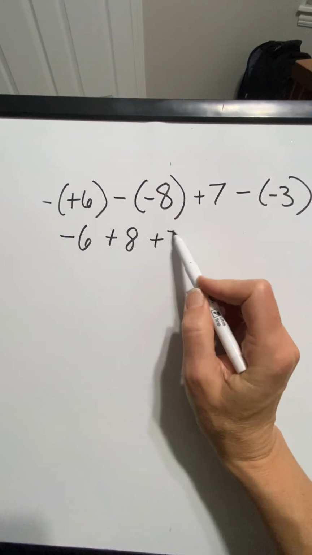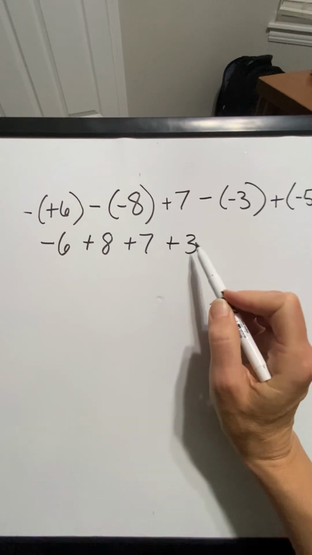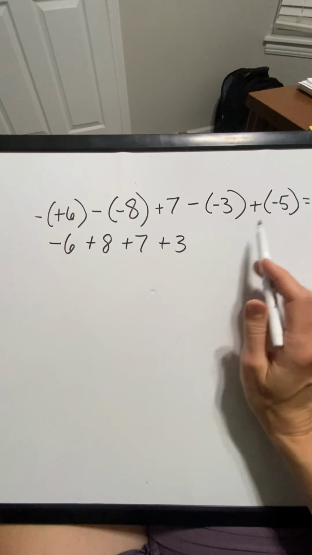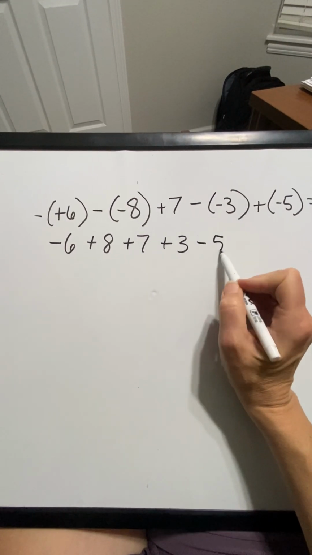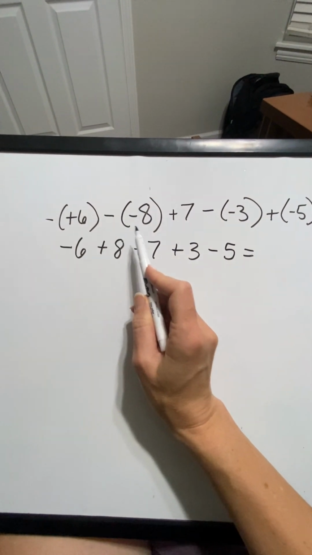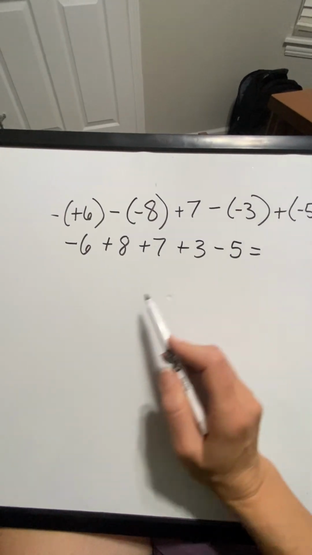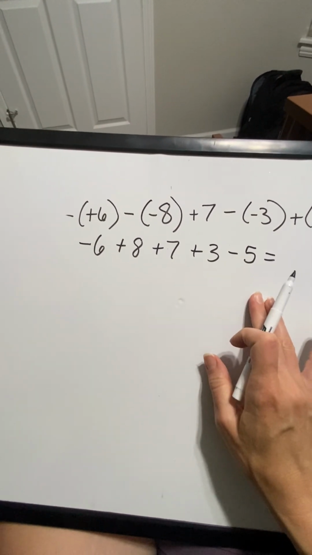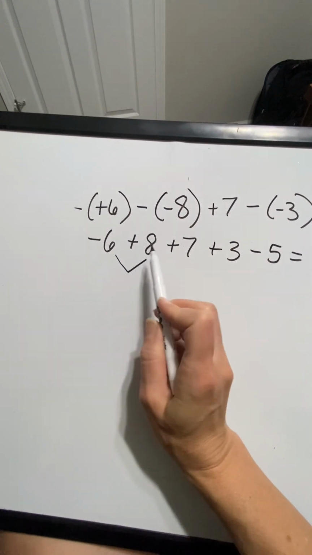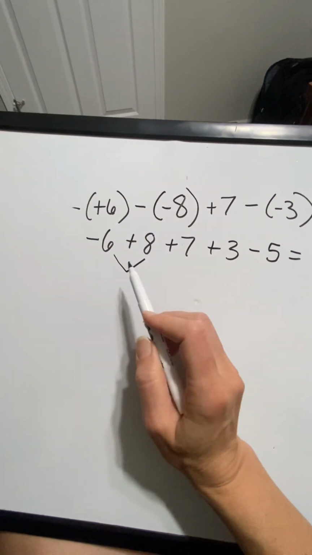Okay, now we've got our plus 7. Negative, negative 3 is a positive 3. And then a positive and a negative becomes minus 5. Okay, so again, this became negative, positive stays positive, positive, negative. Okay, now this is just like adding and subtracting. So we have a negative number and a positive number, and they're being combined.